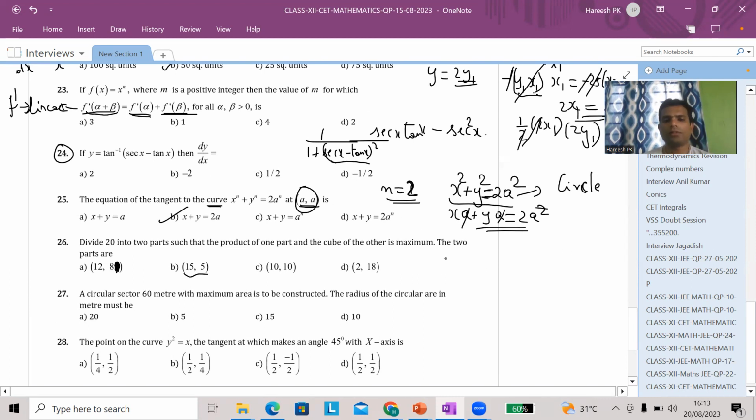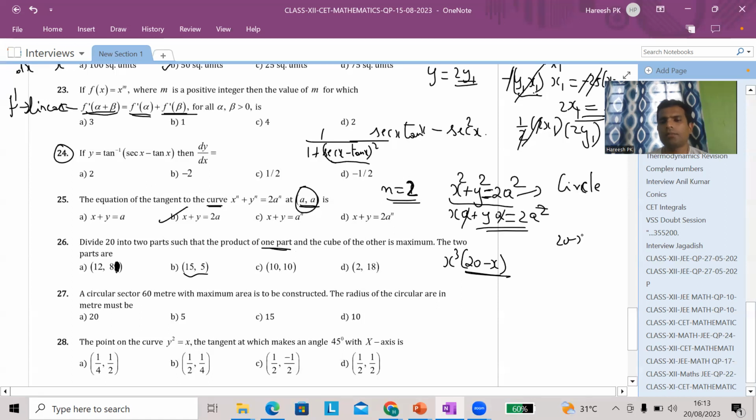So we have, let's say, x cube into 20 minus x. Let me call the second one the product of one part. One part is 20 minus x, so the other part is x.